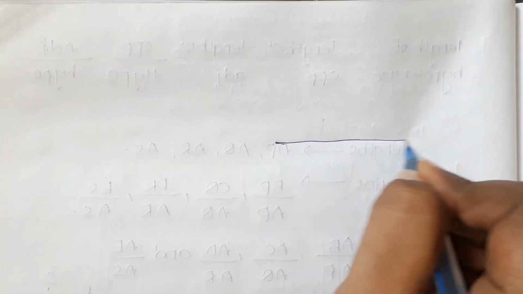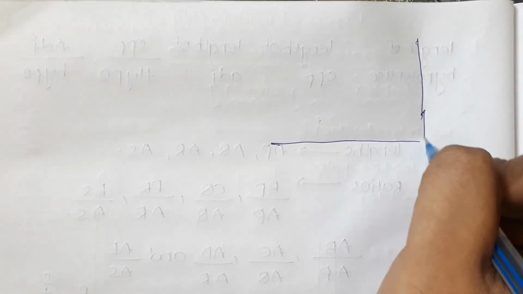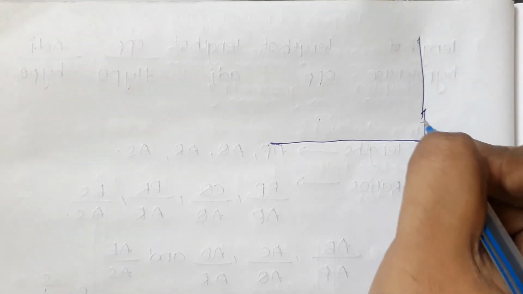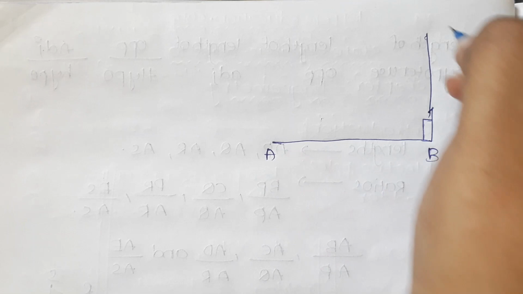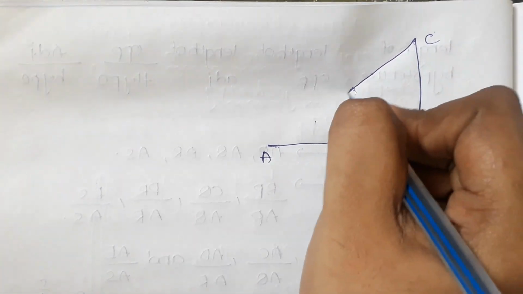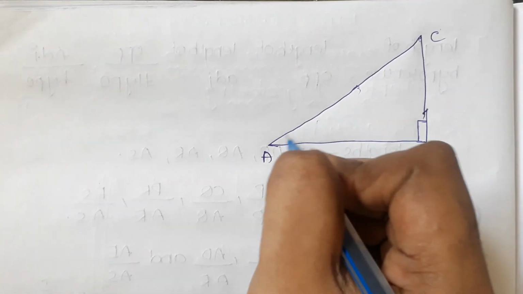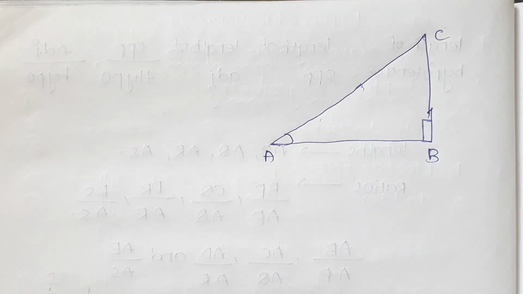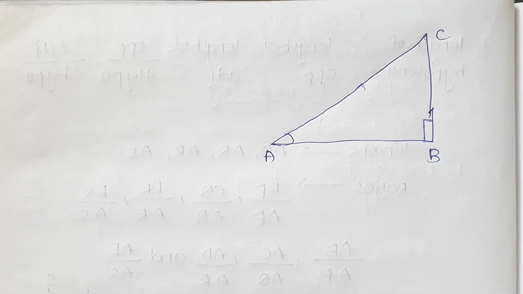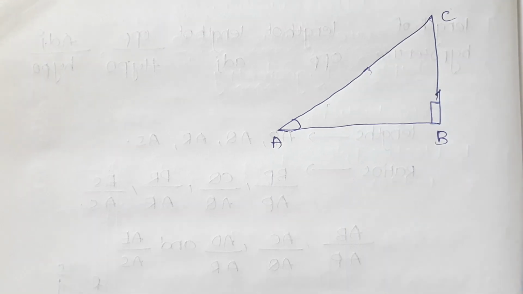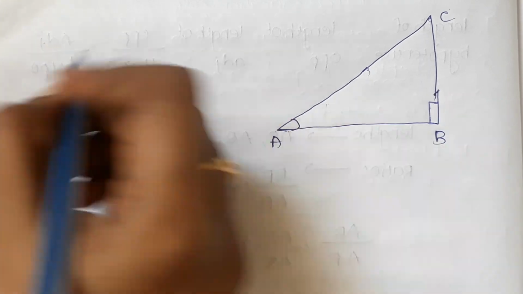And now for this, let us consider a right angle triangle again. Right angle at B, here is A, here is C. Here ABC is the right angle triangle and at A is the angle. And now let us define the ratios of sine, cosine and tangent.